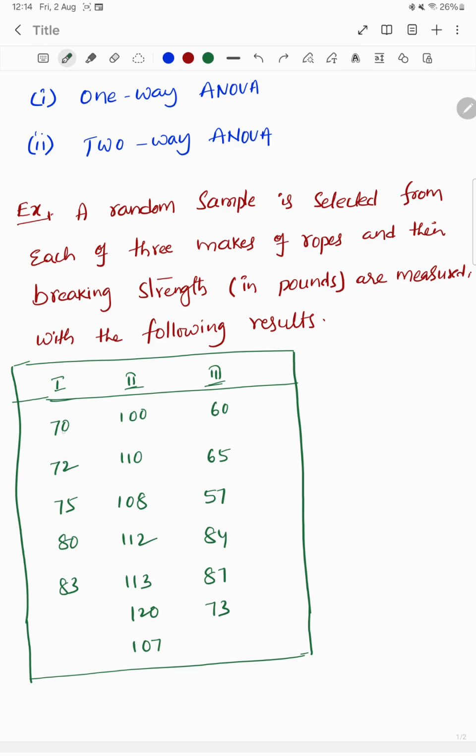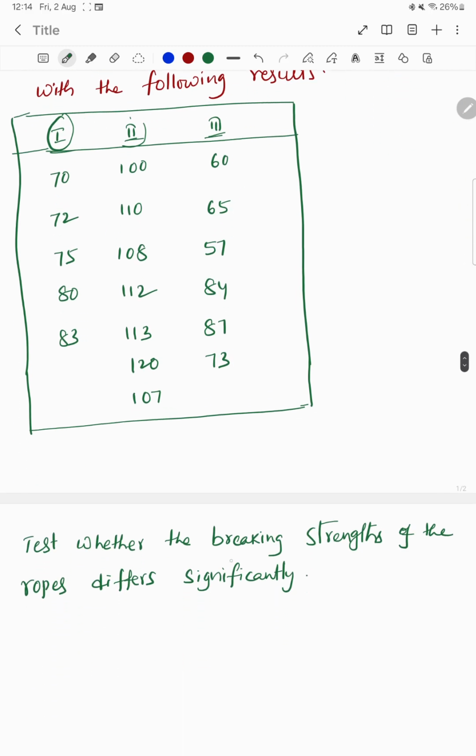Under rope 1 we were given 5 samples, under rope 2 we were given 7 samples, under rope 3 we were given 6 samples. Okay, now the question is, test whether the breaking strength of the ropes is significantly different or not.